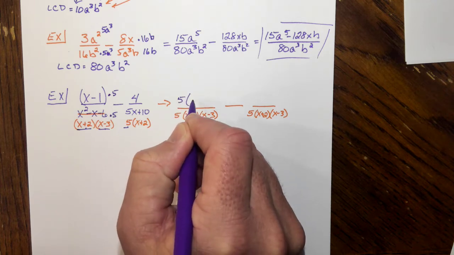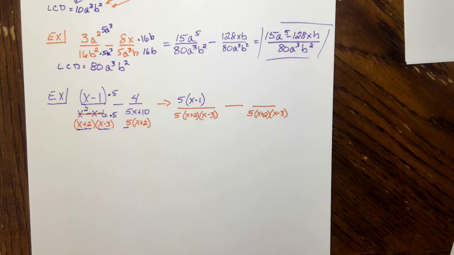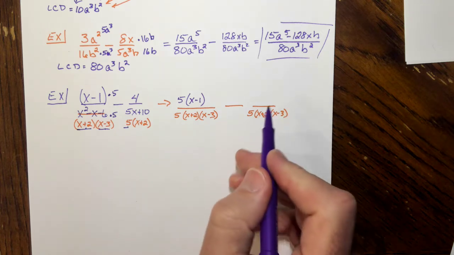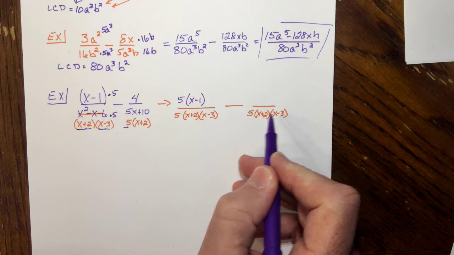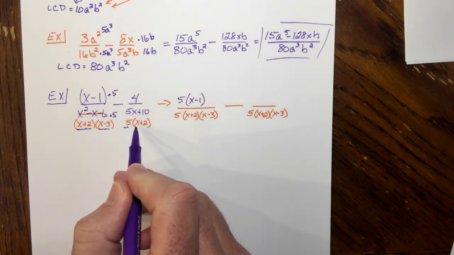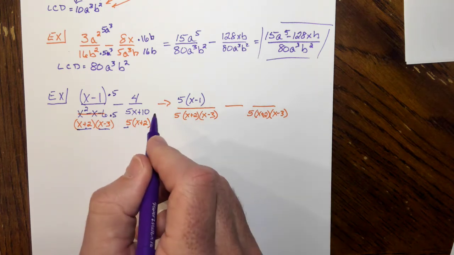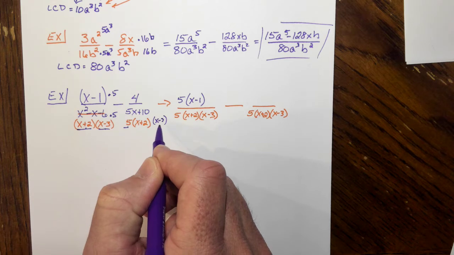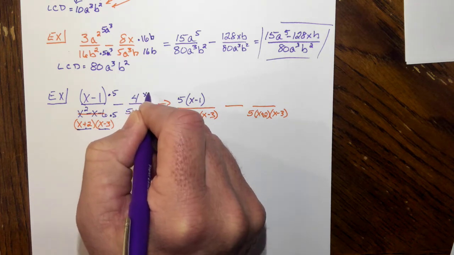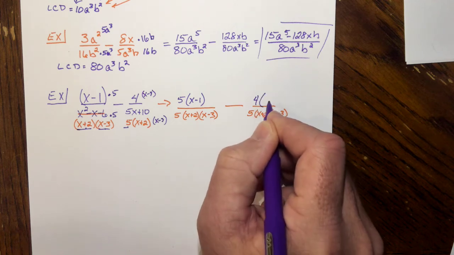So 5 times my numerator. Again, I'm writing out a lot of steps here. I know. All right. So I look. 5, x plus 2, and then x minus 3. How is this one different with this one? Well, there's the 5s. There's the x plus 2, but I'm missing this quantity, so I got to multiply by an x minus 3 on bottom and on top. So I'm showing my work on everything I do right now.